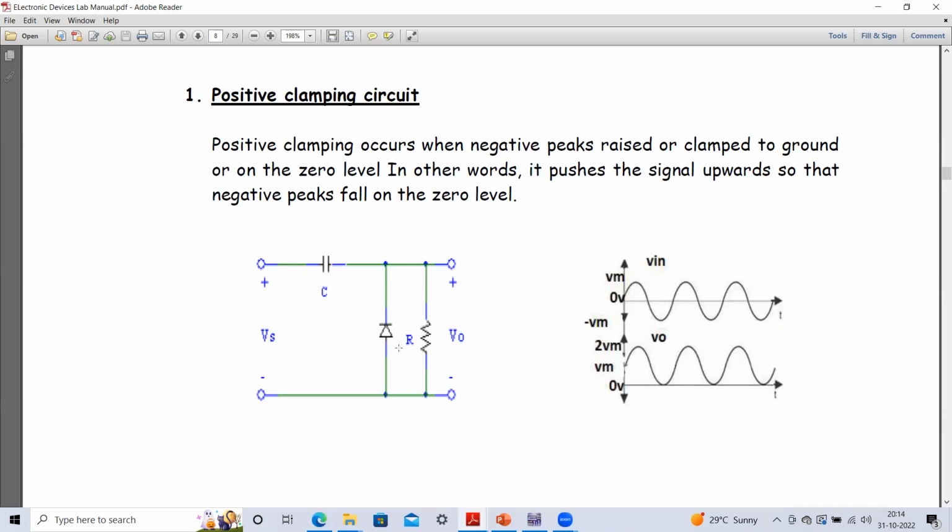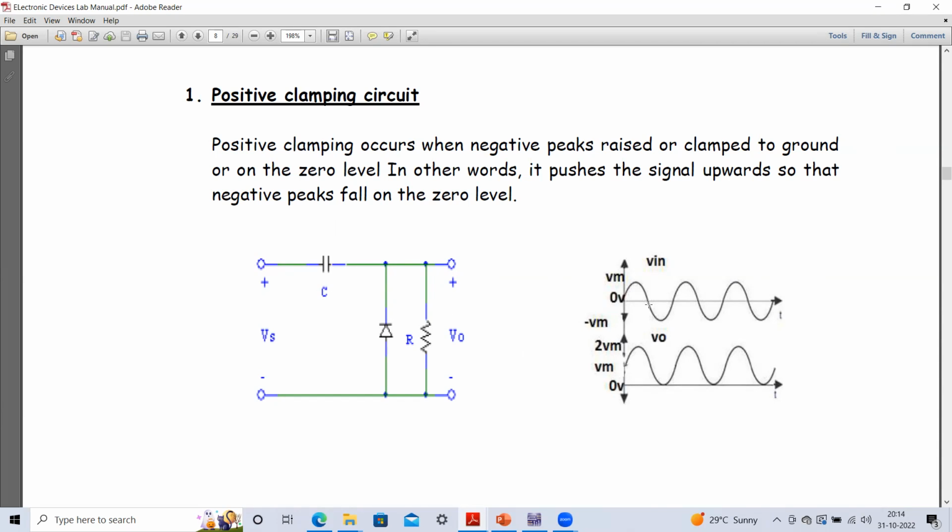Okay, so when the positive half cycle comes, in this particular case you can understand we cannot start with the positive half cycle. You have to start with the negative half cycle, because at that time this diode will be turned on. At that time you have to calculate what will be the voltage across this particular diode, and then you have to calculate accordingly what will be the voltage across your capacitor.